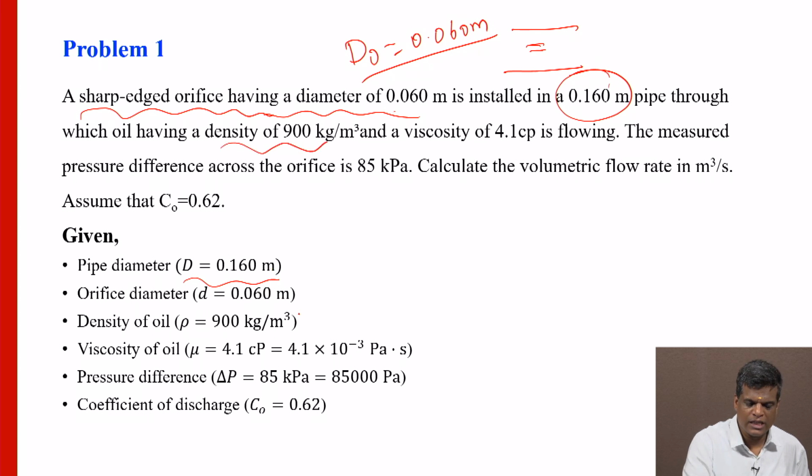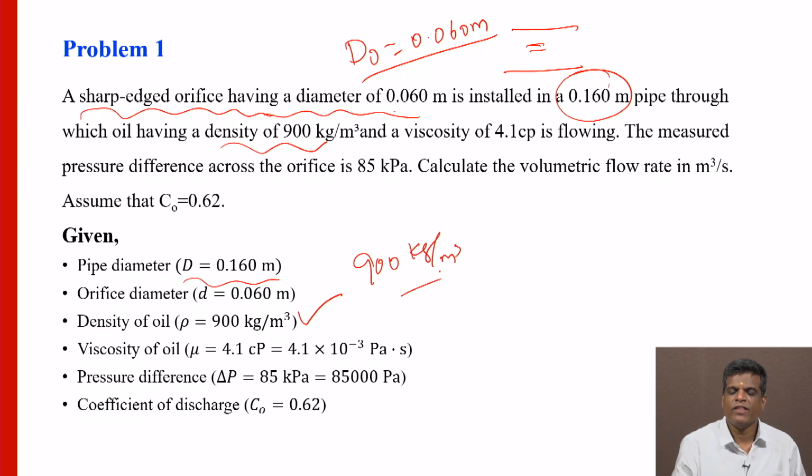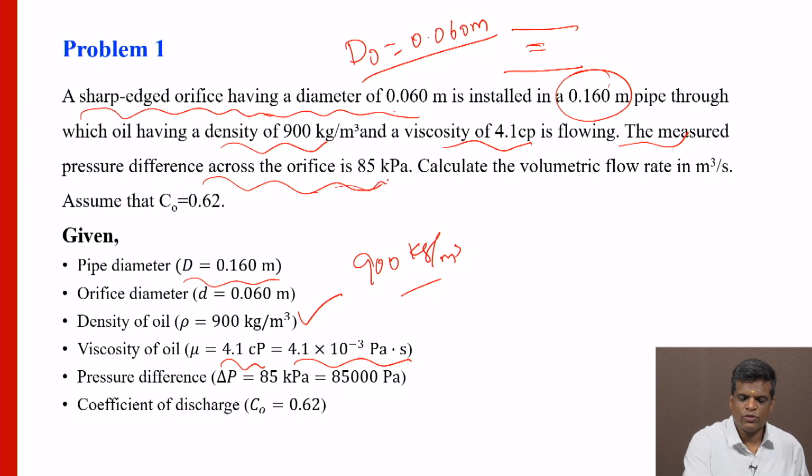Oil density is 900 kg per meter cube. Then viscosity 4.1 centipoise. You convert the unit to Pascal seconds based on SI units. The measured pressure difference across the orifice is 85 kilopascal, which you convert to 85,000 Pascal.